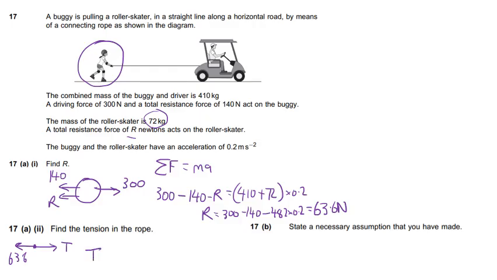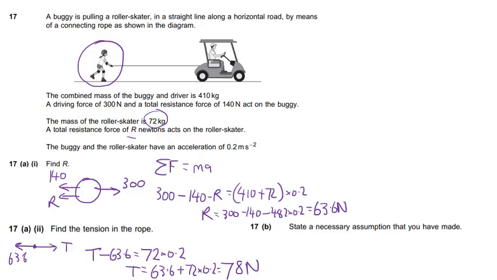So I've got, if I'm looking at forces to the right, T minus 63.6 is equal to the mass, but this is just the mass of the roller skater I'm interested in now, times their acceleration. So T is equal to 63.6 plus 72 times 0.2, and that comes out to be 78 newtons.